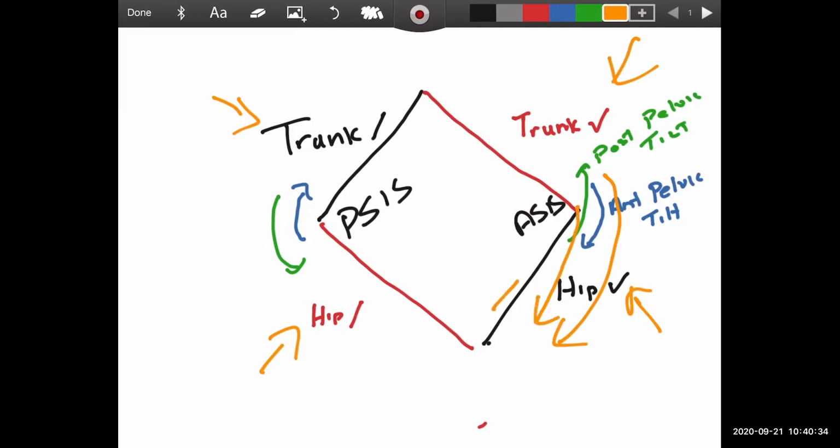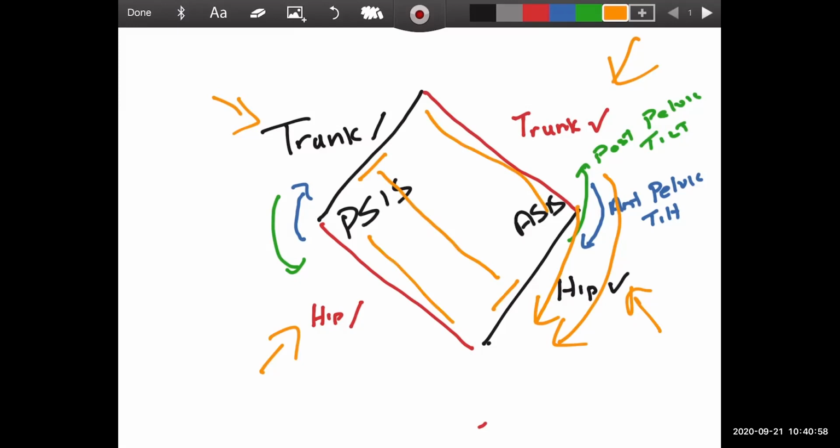That means this muscle is going to get short. If that muscle gets short, the muscle diagonal from it is going to get short. That means the other two muscles are going to get long. And so if somebody's stuck in anterior pelvic tilt, our hip flexors are going to be tight and our trunk extensors are going to be tight.